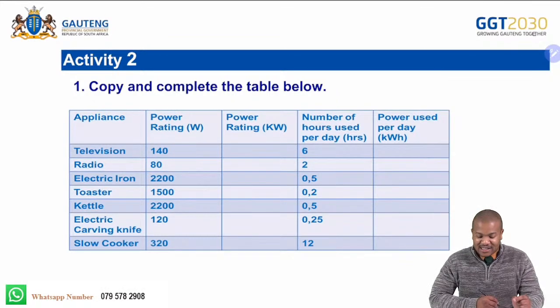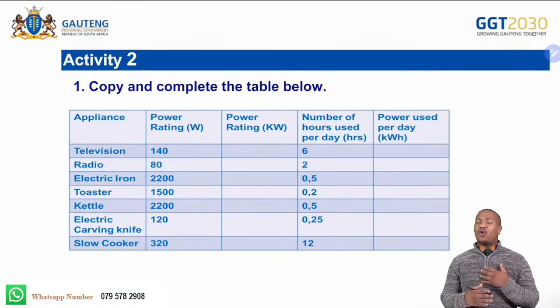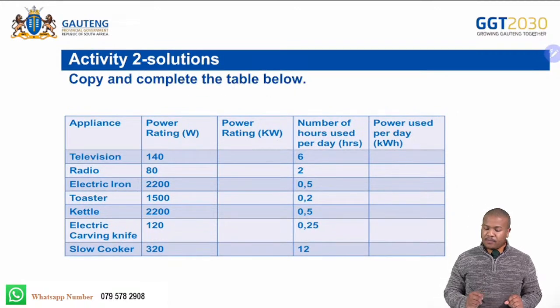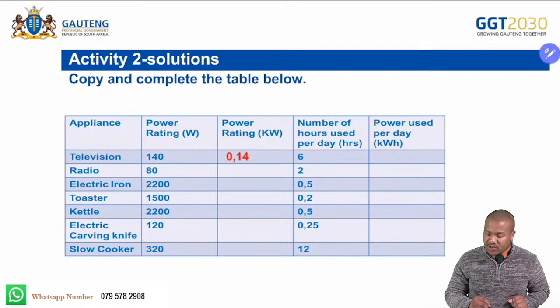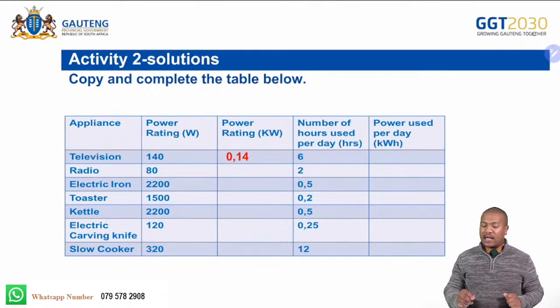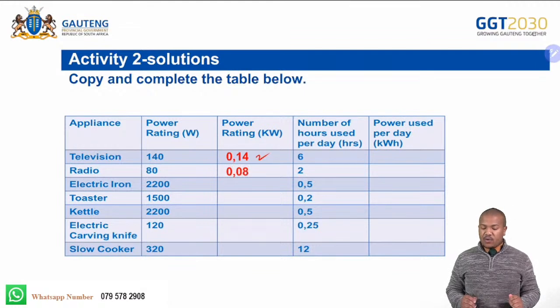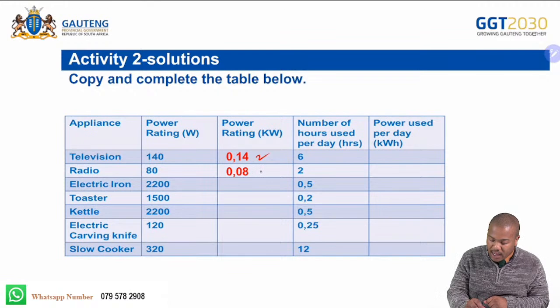Welcome back, grade 9s. Now let's look at the solutions quickly. We're going to start off with the power rating in kilowatts. For television, we divided by 1,000 and we got 0.14 kilowatts. Then number 2, for radio, from 80 watts, we divided and we got 0.08 kilowatts.